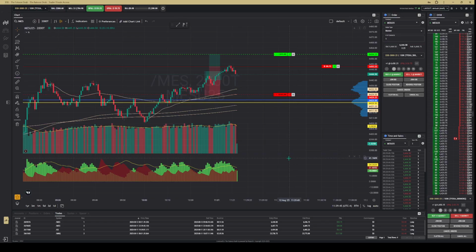And I'm likely going to stay in this trade for a bit, and we can always get out if we don't like what we see. We don't have to wait for it to hit our stop. So a couple rules. We can always close the trade out at any time before we hit the take profit or before we hit the stop loss if the data tells us to do so.